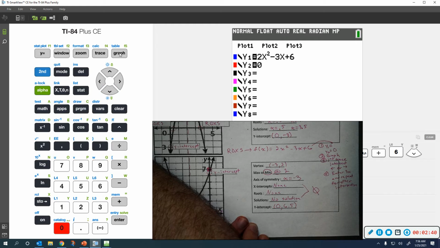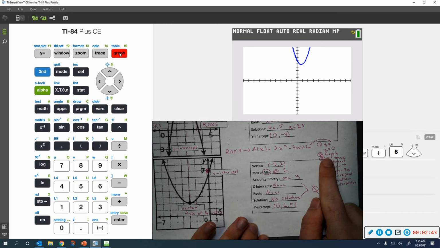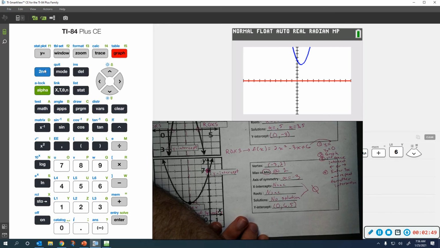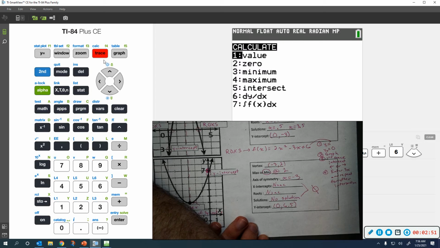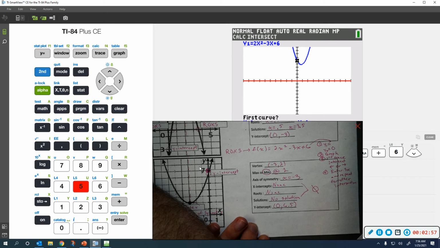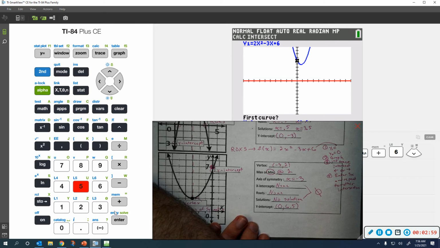Then hit graph. Boom. So now we're on step 2. We've hit graph. Now, second, trace. And we would need intersect. Get it close to the left side. Enter, enter, enter.